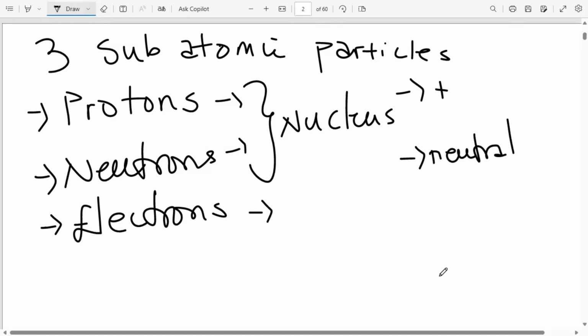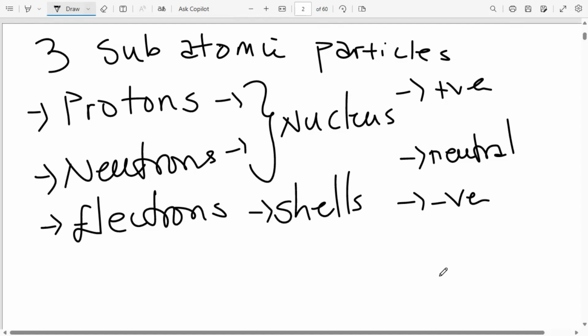And we say we have electrons that are found in what we call shells or energy levels, and they have a net charge of negative. So these are the important subatomic particles that we talked about, and these are found in the atoms, which we described as the fundamental or basic unit of matter.